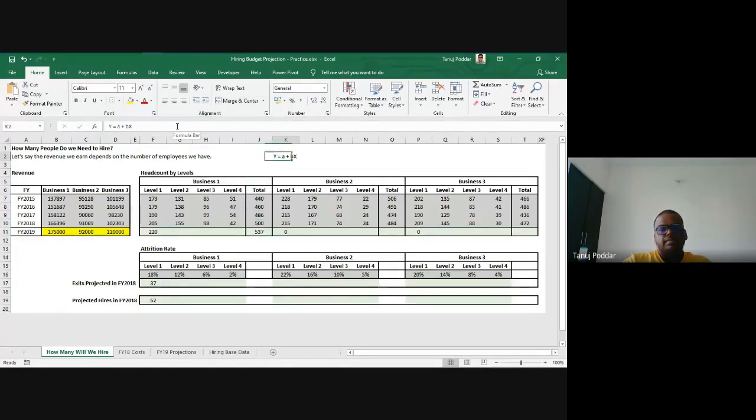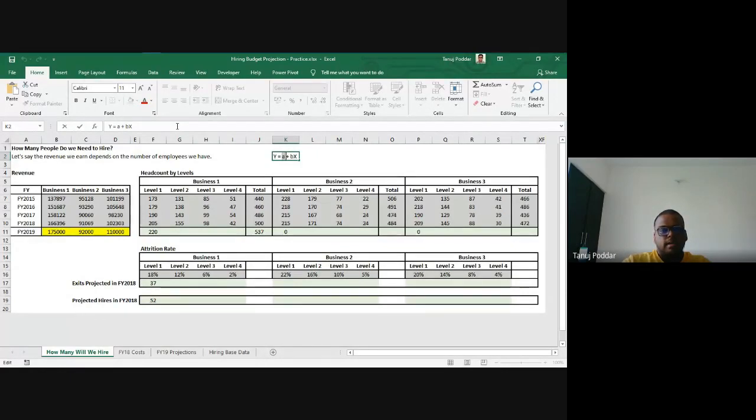Now here, you have two options. One is you can assume that there will be an intercept. That is, even if there is no revenue, there still will be people, and in such a scenario, there will be a value for a.